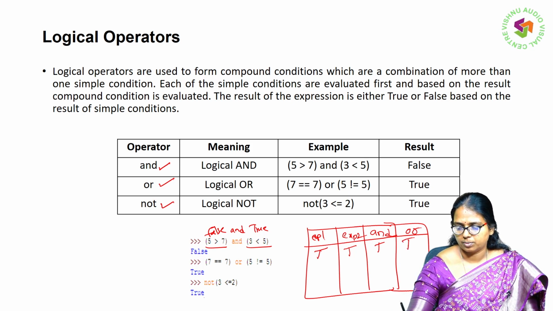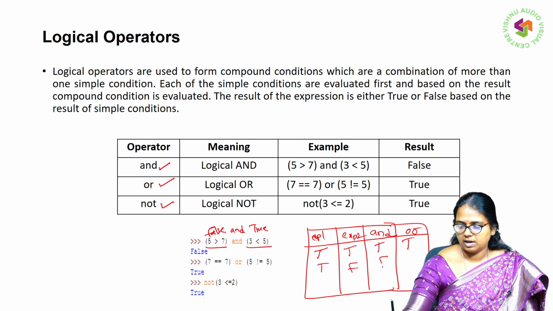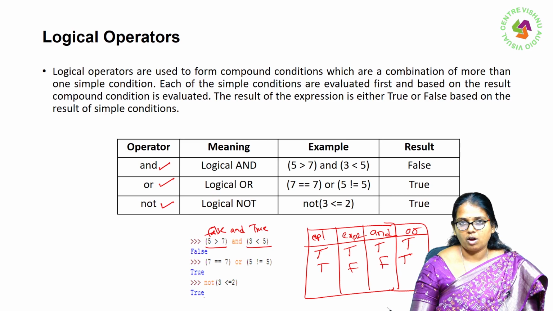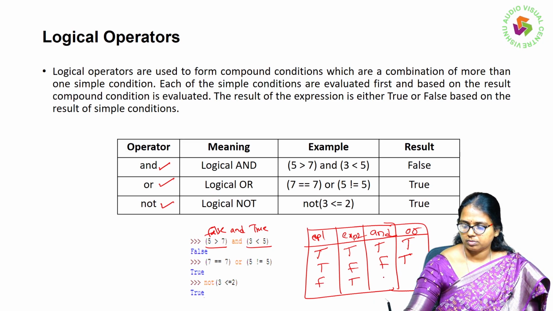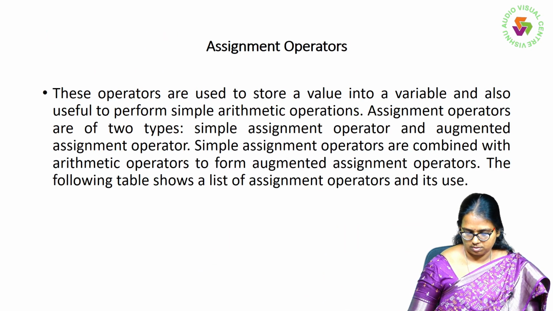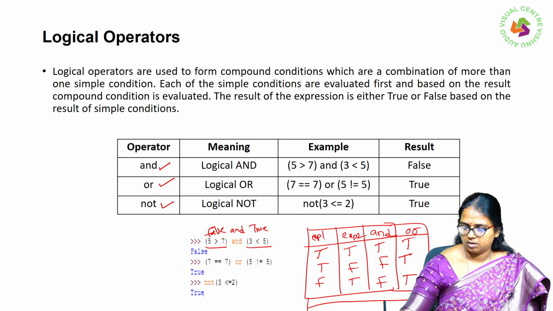If any one is false, and returns false. If any one is true, or returns true. Next, false and true: and gives false, or gives true. Suppose both are false, then and is false, and or is false.